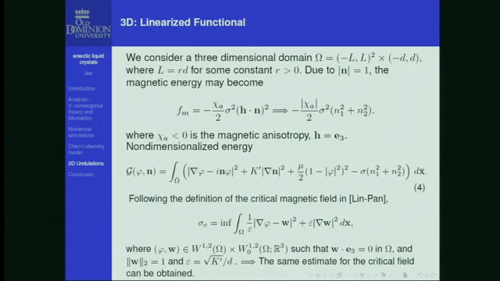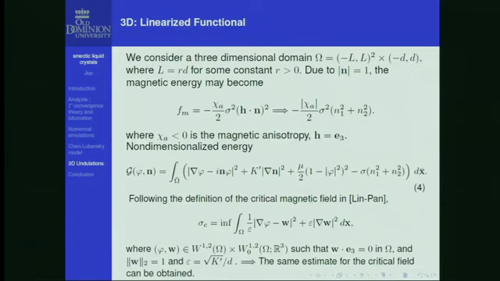Now, finally, I'd like to talk about this three-dimensional linearized functional. So for the three-dimensional case, instead of applying the magnetic field in the x direction, we apply it in the z direction. And then this diamagnetic anisotropy becomes negative.